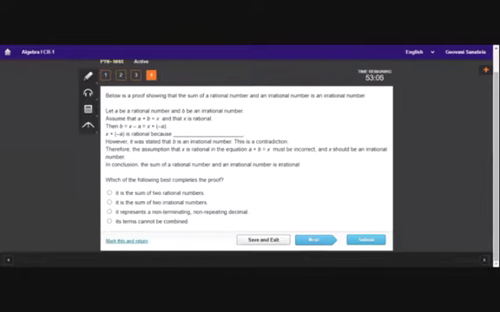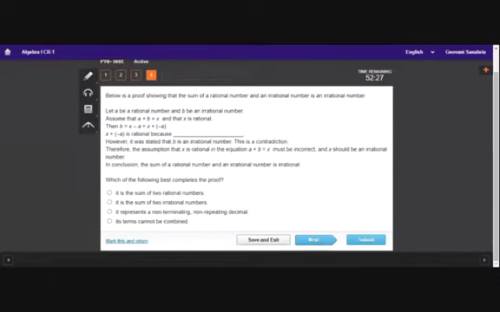All right. Such simple ones before, and then below is a proof showing that the sum of a rational number and an irrational number is an irrational number. So that's saying, if you take a rational number, let's say the easiest rational number would be a whole number, and add an irrational number, a non-repeating decimal, like the square root of 11, like we did before.